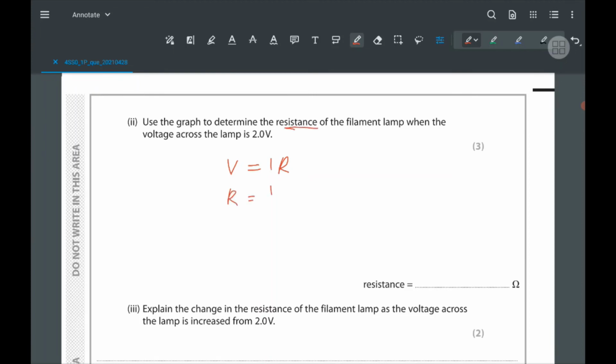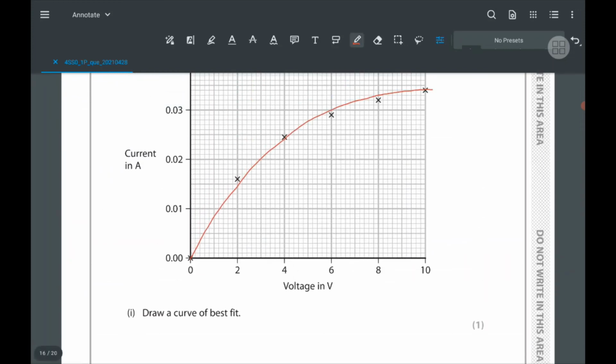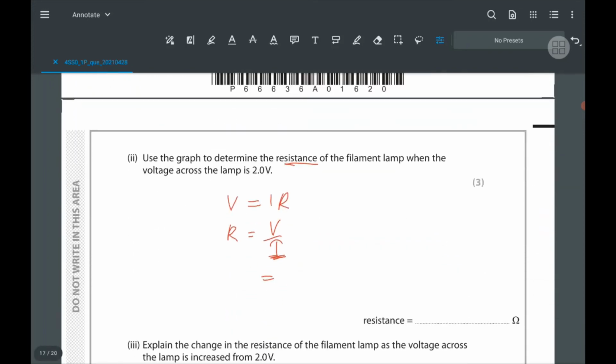So R equals V over I. And at 2 volts, if I look at the graph, the current value they have given is 0.016. So V is 2, and I is 0.016. I'm getting the answer as 125 ohms.